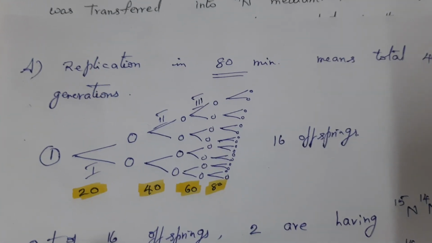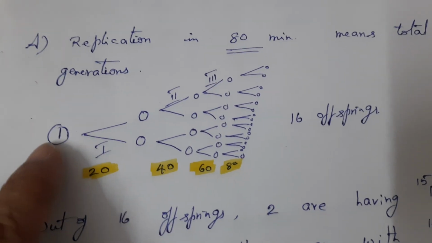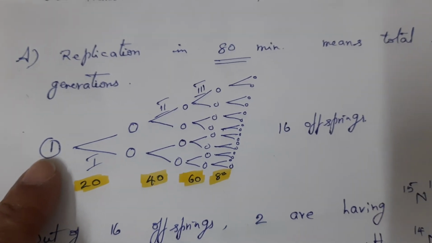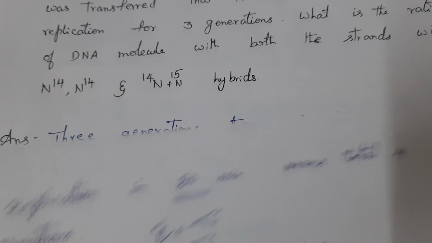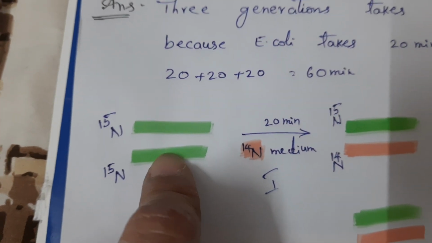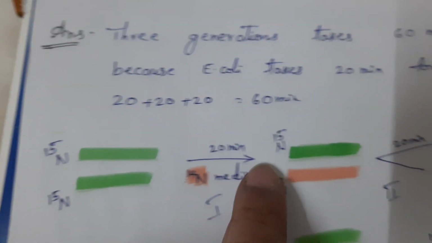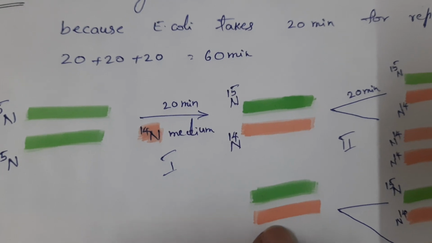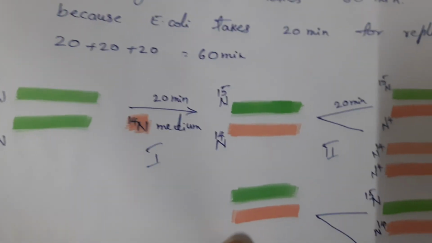If we take the replication process occurring from one organism which has N15 N15 strands both, just like in this same one, N15 grown on N14 medium, now we got N15 N14, N14 strands in the first generation.